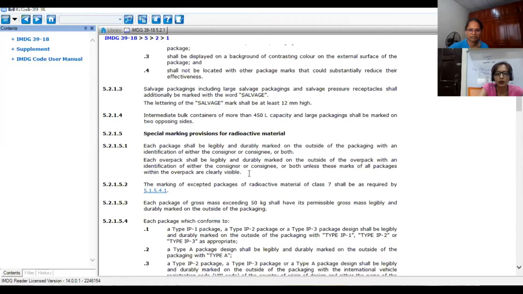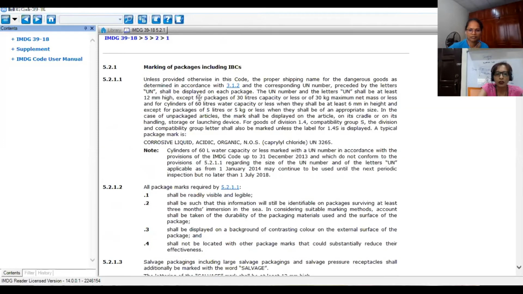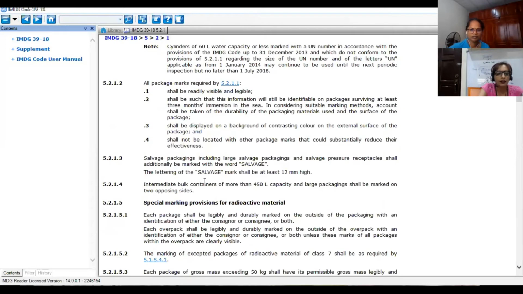So even when they talk about overpack here, they're referring to class 7. But when I go to the top here, there is nothing in terms of how many sides I am supposed to mark a package. Is there a minimum or a maximum number, or for an overpack? You only tell me that specifically for IBCs.